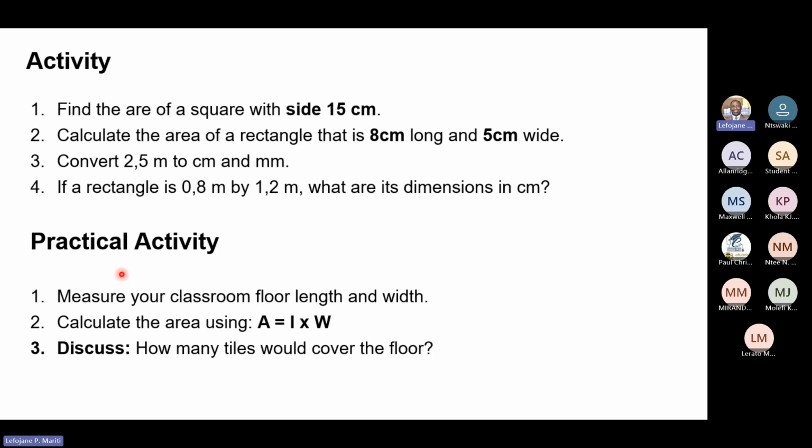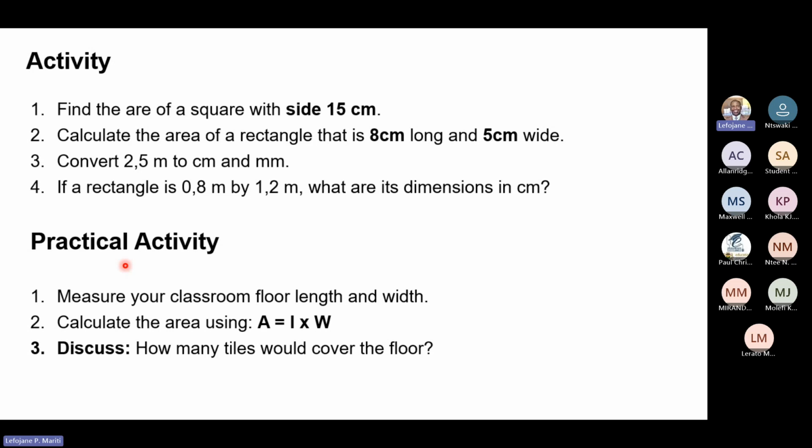That's just the tip. So in conclusion, boys and girls, this is just a quick activity for you to do at home. We'll make a recap when we meet tomorrow. Just write this down. You are given a square with side 15 centimeters. You must find the area of that square. Secondly, you are given a rectangle with side length of 8 centimeters and the width is 5 centimeters. Find the area of that rectangle.